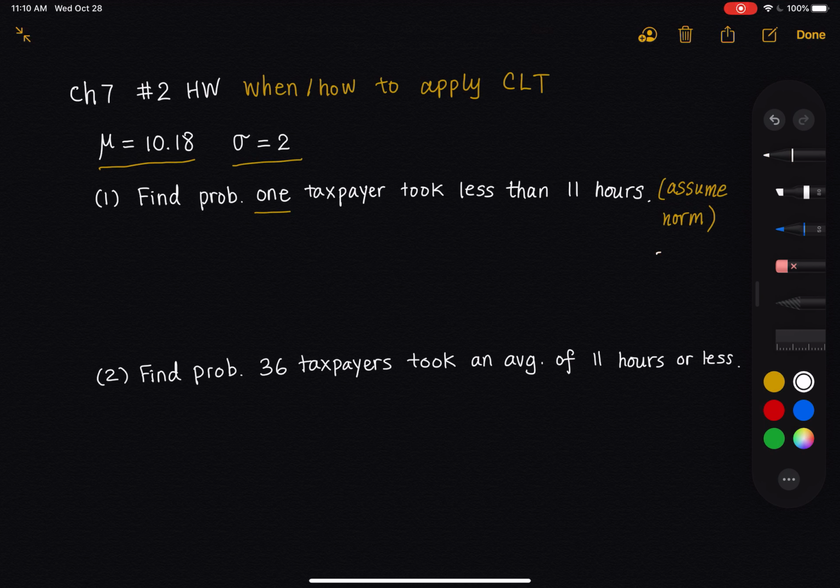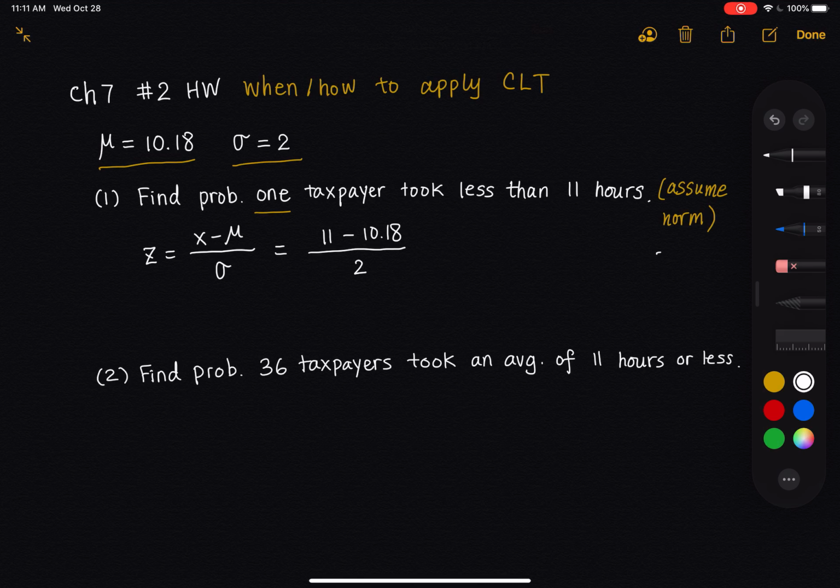Okay, so if the distribution is normal and we want to find out an individual takes less than 11 hours, then the standard procedure is just to do z equals x minus mu divided by sigma, and our x is the data point, which is 11, and the mu is 10.18 given to us. Sigma is the standard deviation, so it's 2.